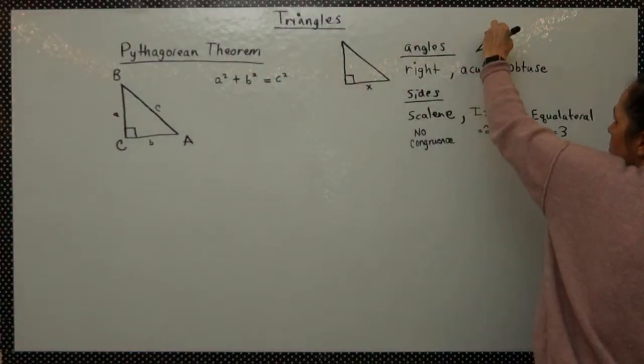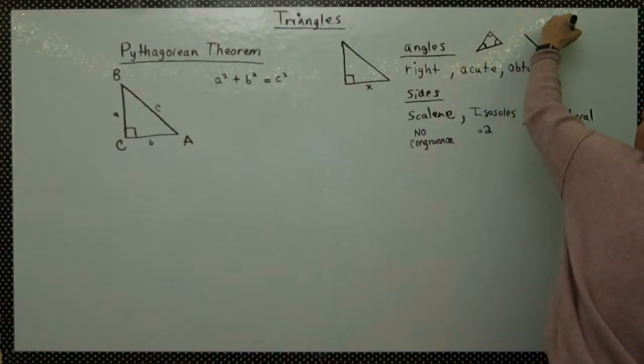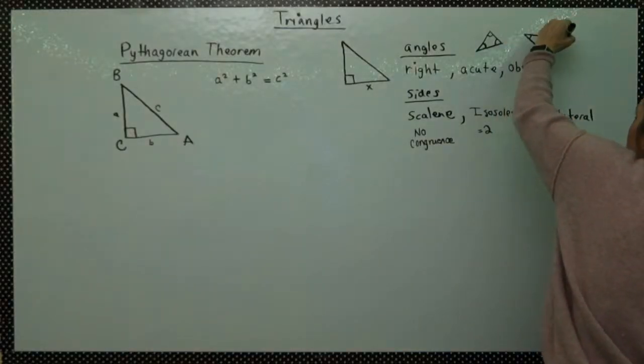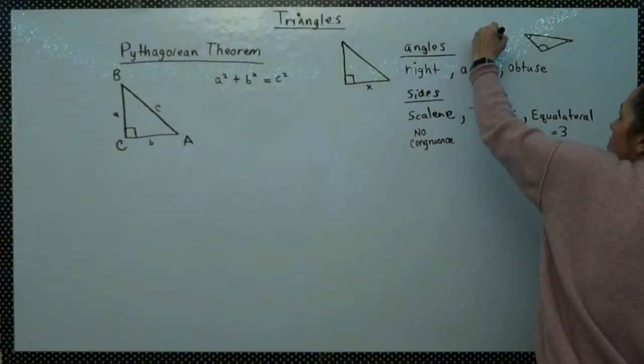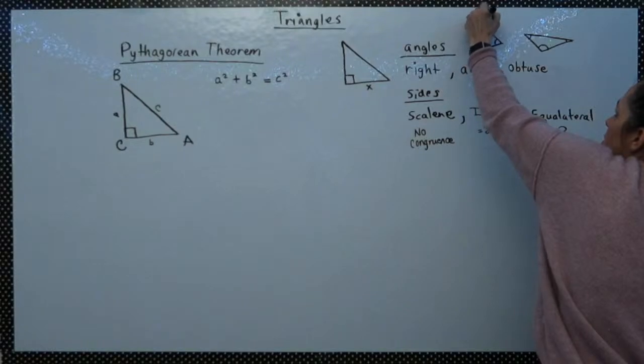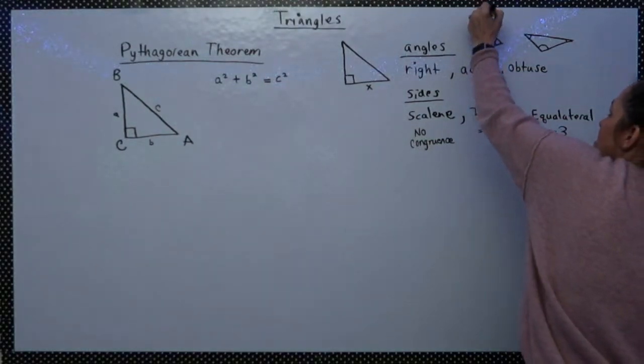And then obtuse is there's a greater one. Hang on, obtuse. So you have two really small angles and then one big angle, and then the acute ones, I think those are all less than 90. Yeah, I'm getting sleepy, I guess.